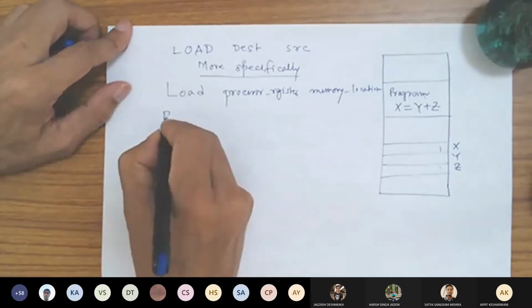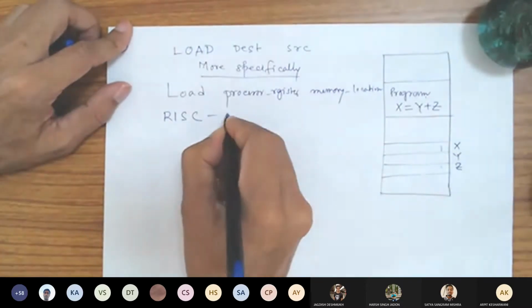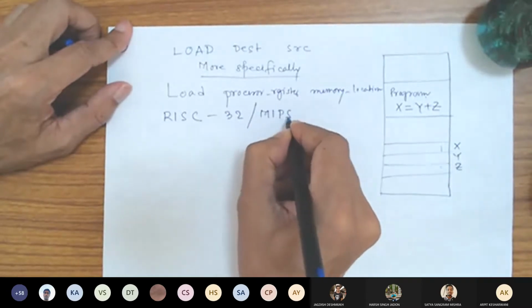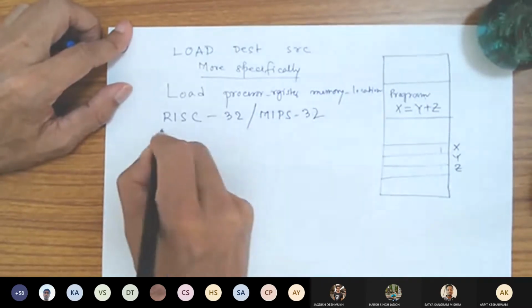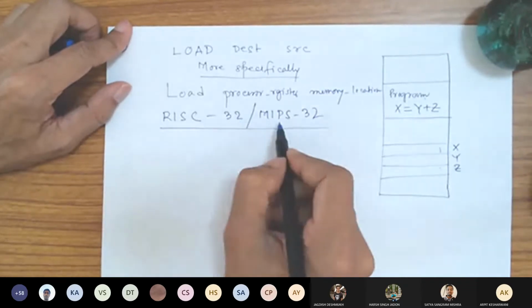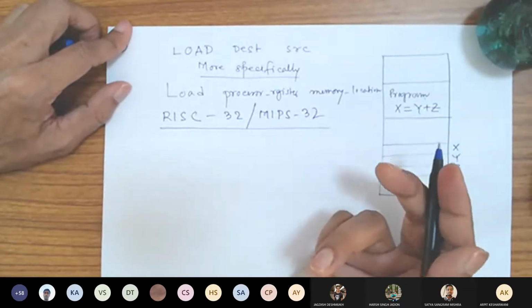So in RISC, MIPS 32-bit architecture, both are same. RISC is a generic name, MIPS is a particular design.